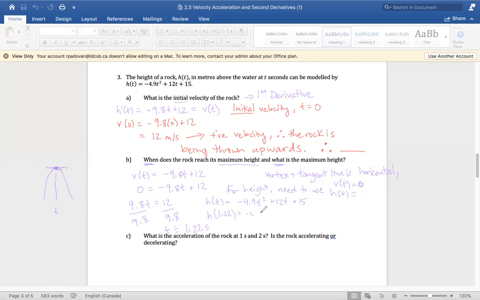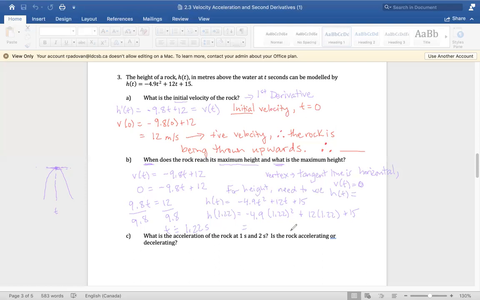So negative 4.9, again, we're doing BEDMAS rules here, 1.22 squared first and then multiply. And 12 times 1.22 and plus 15. And you guys should be able to do all this basically in your sleep now. So I'm just going to skip ahead and I'll say it, I just won't write it all down. So 1.22 squared is 1.4884.